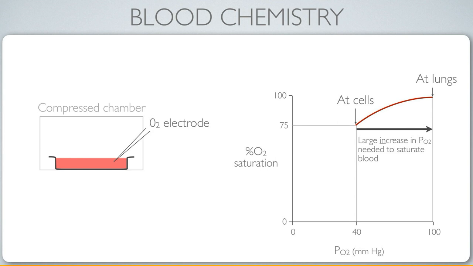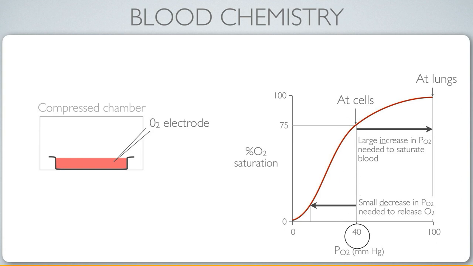And we see that below 40 millimeters of mercury, there's a very different slope. Here, the slope is quite high, and what that means is that a small decrease in partial pressure causes a really precipitous drop in saturation.